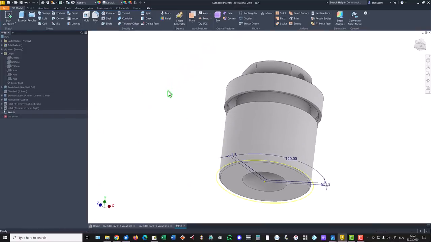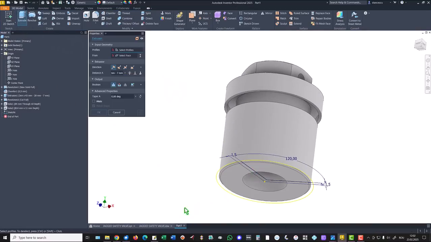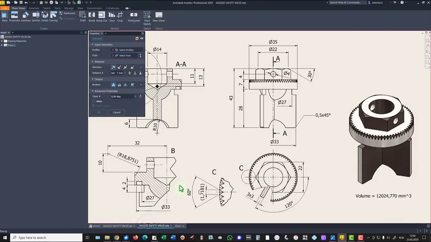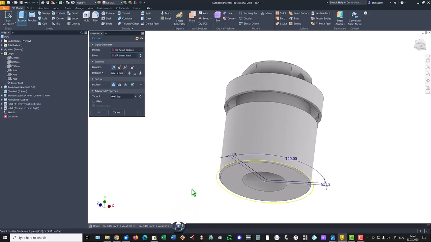Finish sketch, extrude. Let's see what is the depth. 28 is the depth. We select the other direction, and 28.